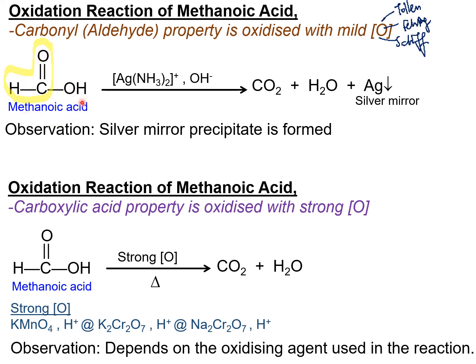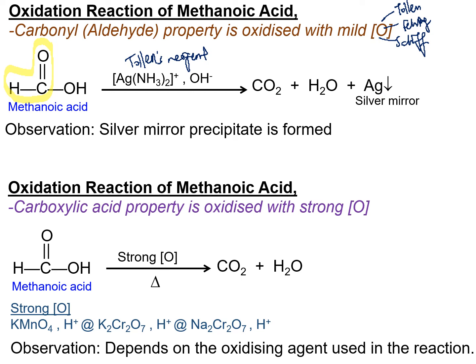Okay, so since dia ada aldehyde properties di dalam carboxylic acid ni, makanya dia boleh oxidize with a mild oxidizing agent. Okay, for example in this case I nak tunjuk contoh, dia react dengan mild oxidizing agent such as Tollens reagent. Okay, dia akan give a positive result di mana dia akan dapat produk CO2, H2O dan juga Ag.